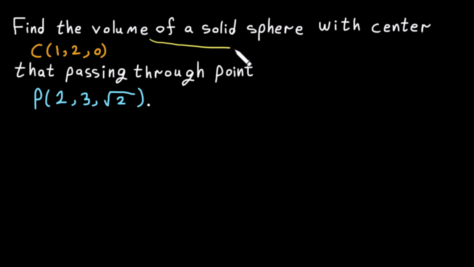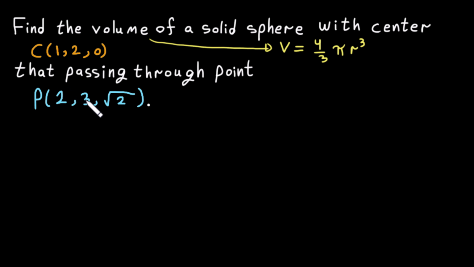As we know, the volume formula is V equals 4 over 3 times pi, multiplied by the radius r to the power 3. So we need to calculate the radius of this solid sphere. We have this point, which is the center, and this point, which is on the surface. We want to calculate the distance between these 2 points, which is the radius.